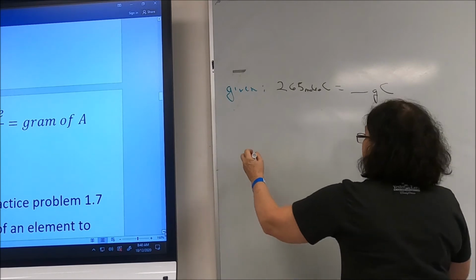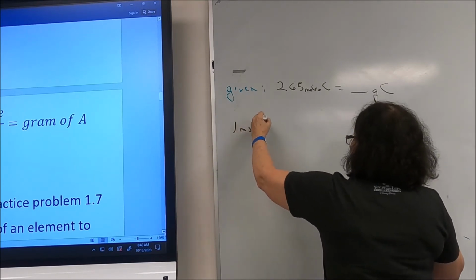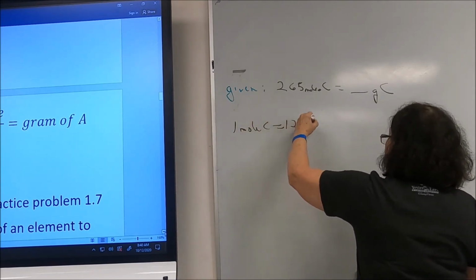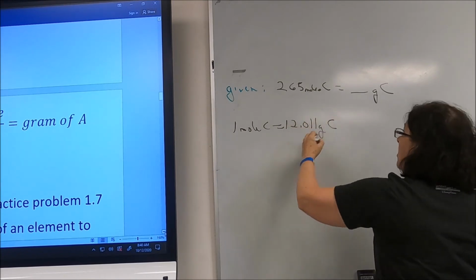Well, I know that 1 mole of carbon has a mass of 12.011 grams.